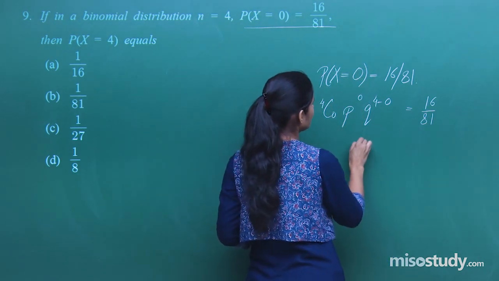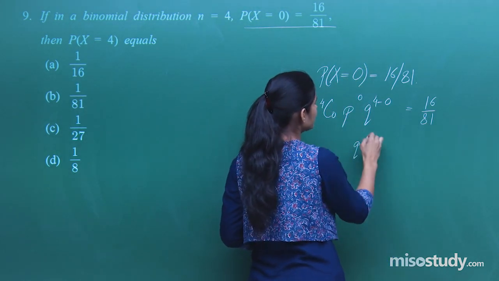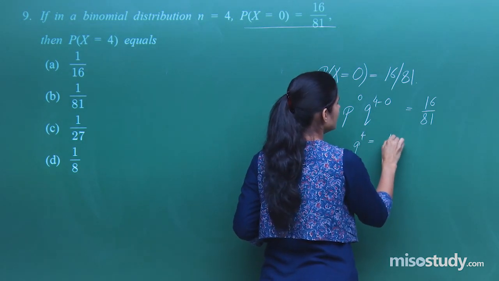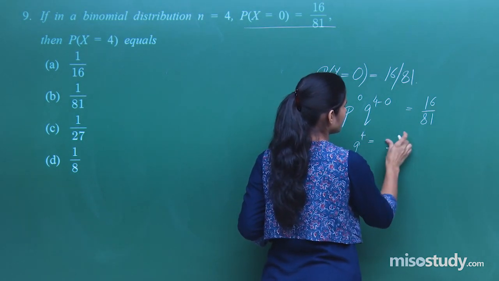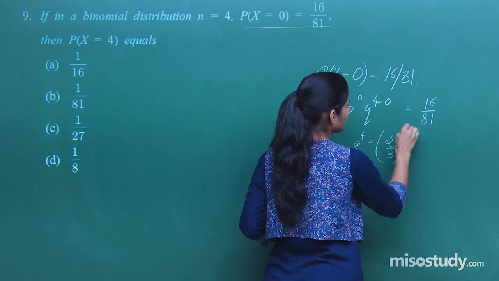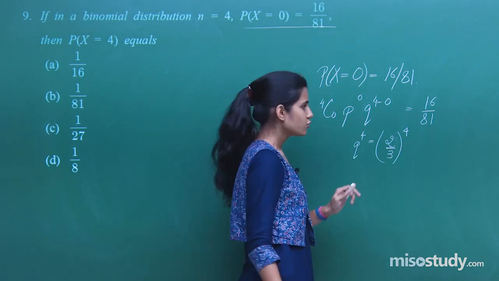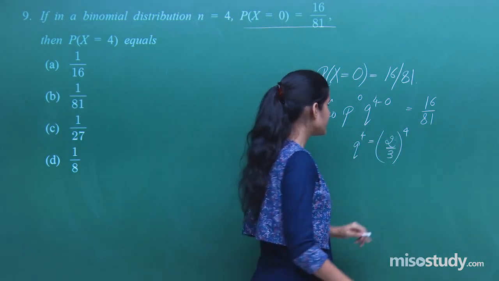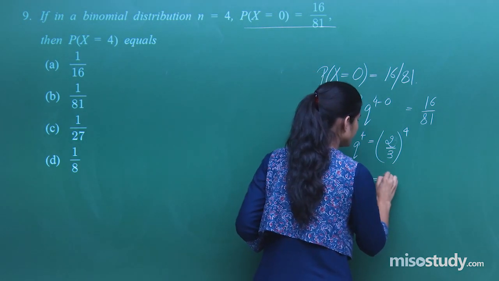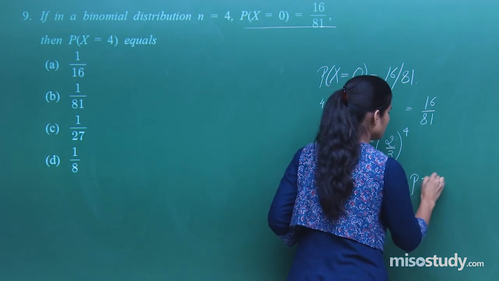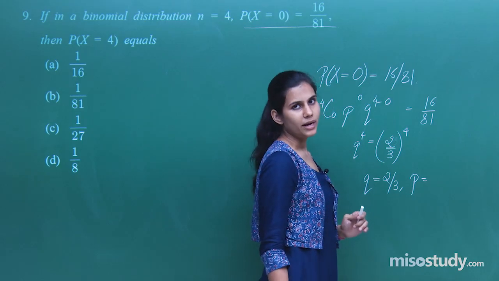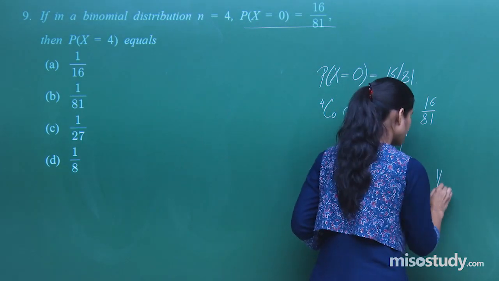So basically this becomes 1, this becomes 1, this becomes q to the power 4, let me write 2 by 3 whole to the power 4. I can write it like this. 2 to the power 4 is 16, 3 to the power 4 is 81. So q comes out to be 2 by 3. P comes out to be 1 minus 2 by 3, which is 1 by 3.